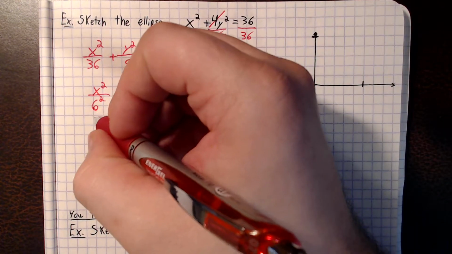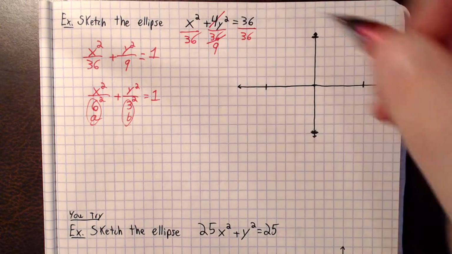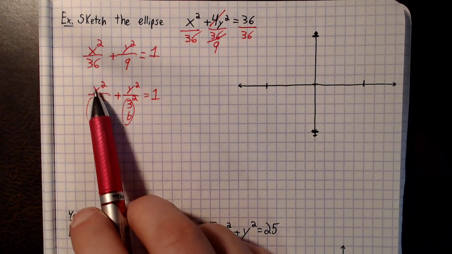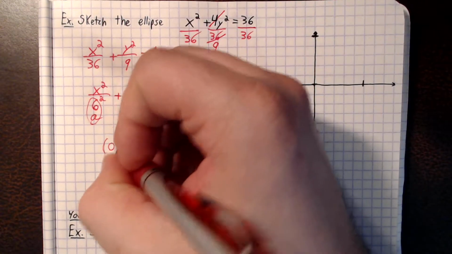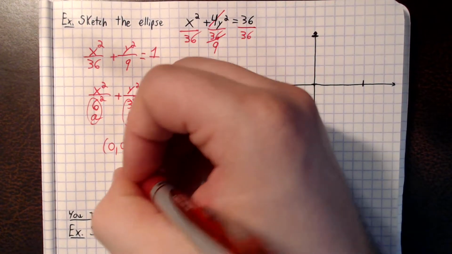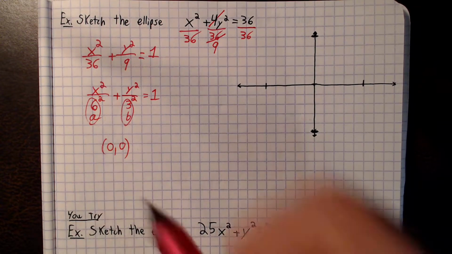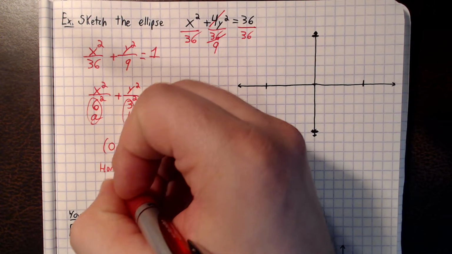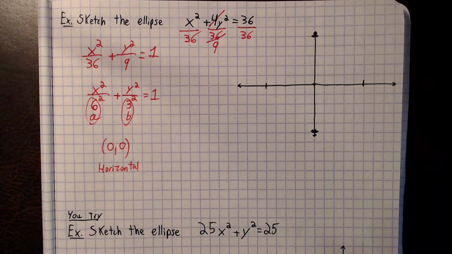Now we have our A, our B, our center. We're not adding anything to x, so that would be 0. Not adding anything to y, so that would be 0. And because our A term is underneath x, this is horizontal. Why does that matter? I'll tell you in a second.